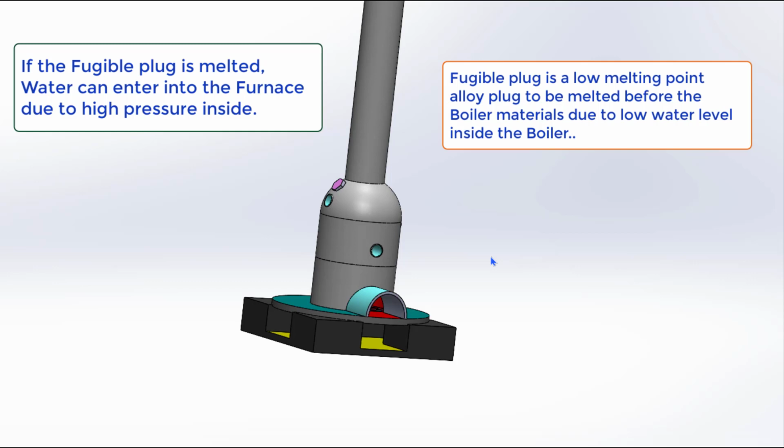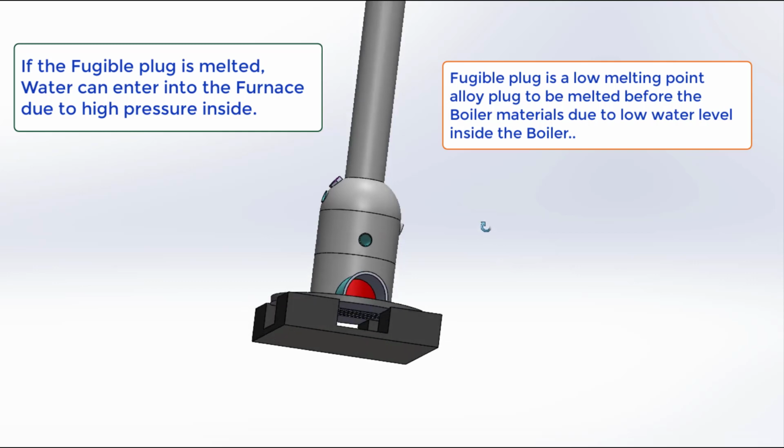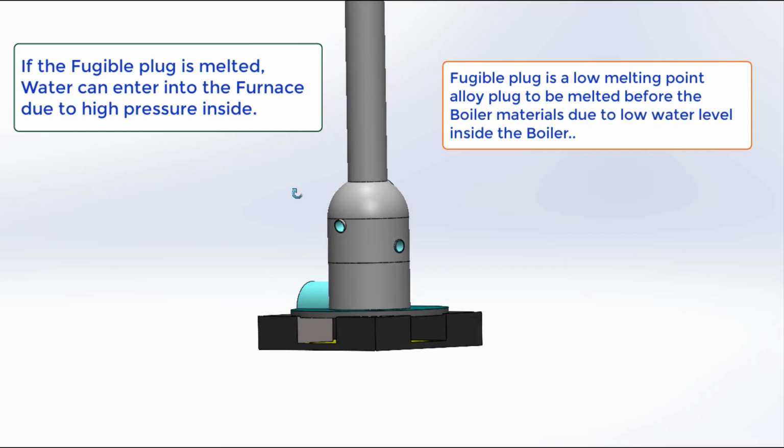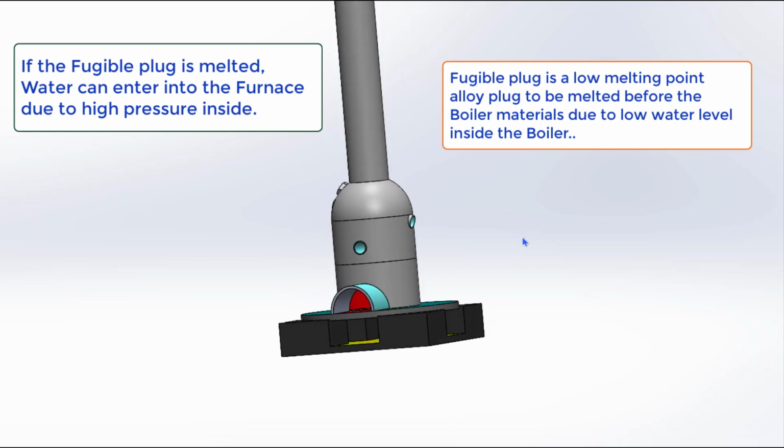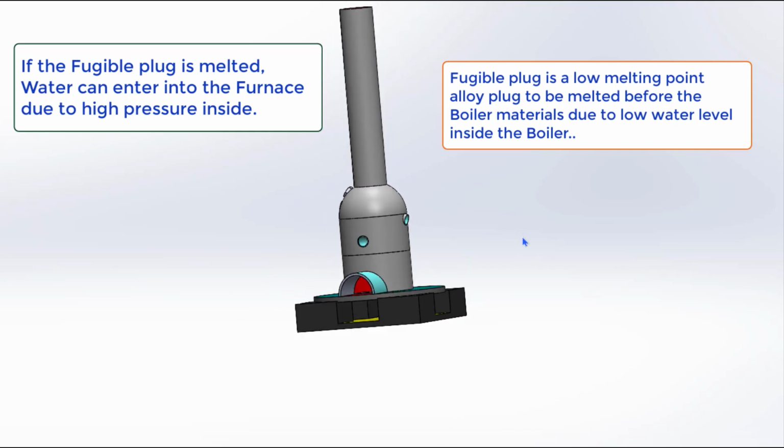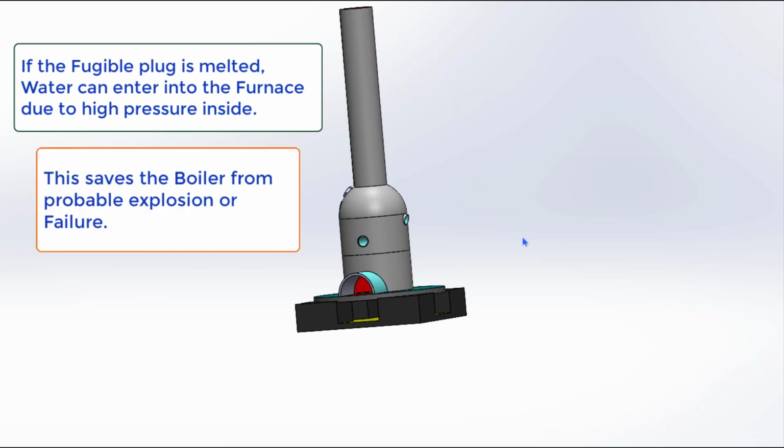Because of the entry of the water inside the furnace, the combustion of the fuel will be stopped, or we can say the fire will be extinguished. So that is for the safety measure. The whole boiler becomes safe, because otherwise if the water level decreases, then the boiler material will melt and that may cause the blasting of the boiler.